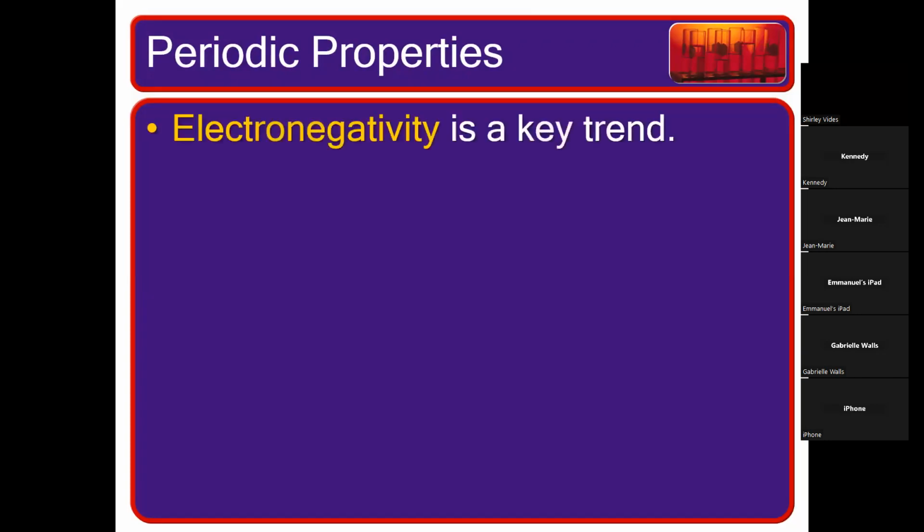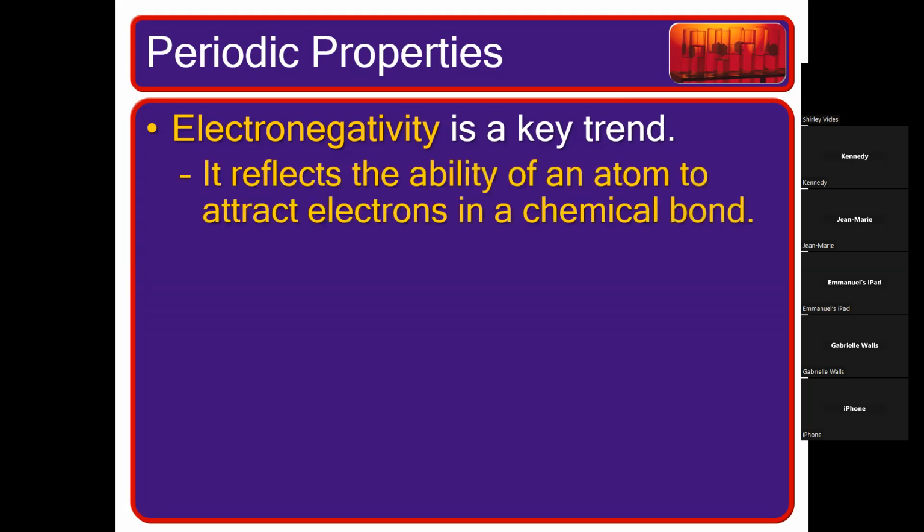All right, next one is electronegativity. This is the most important trend for compound formation, because if you remember the definition for electron affinity, the words are word for word the same, except for an addition at the end. In this case, it attracts them into a chemical bond. So electronegativity reflects the ability of an atom to attract electrons in a chemical bond.